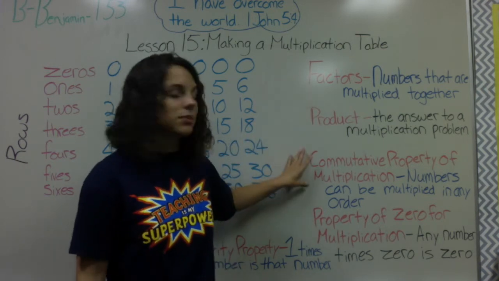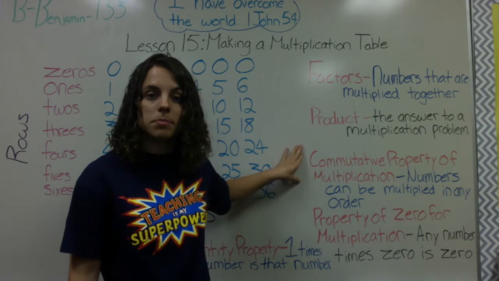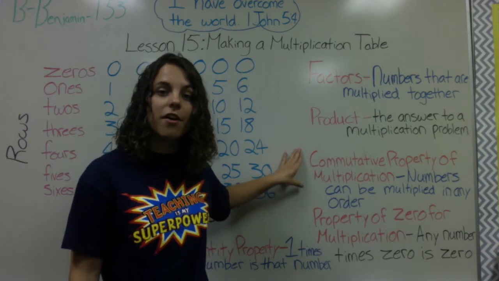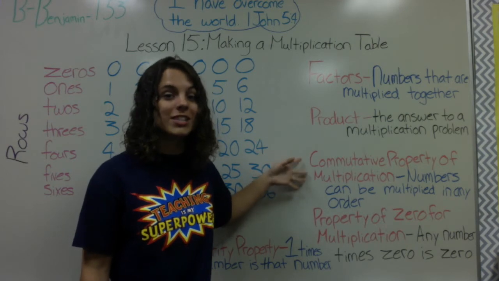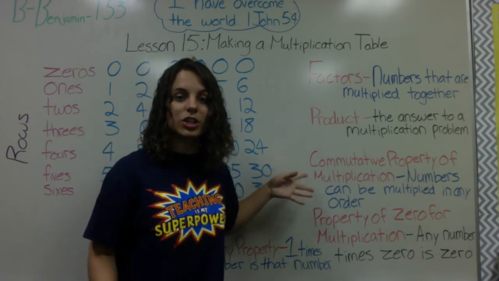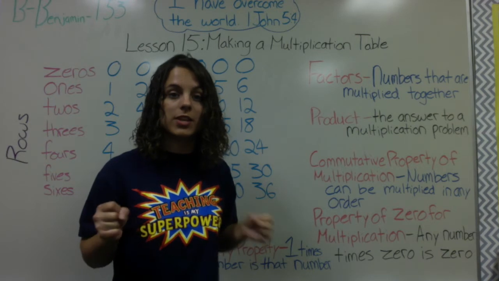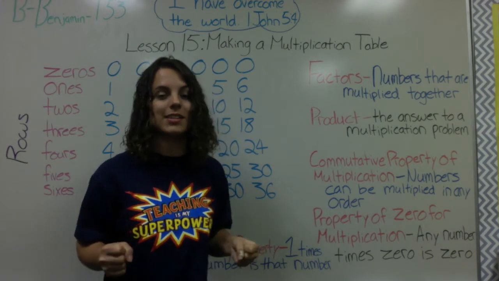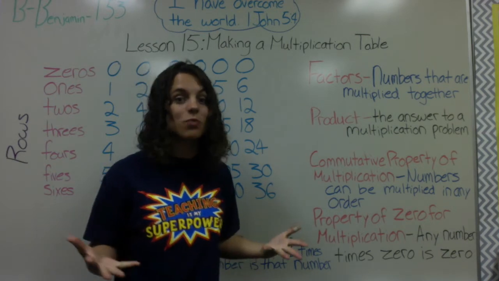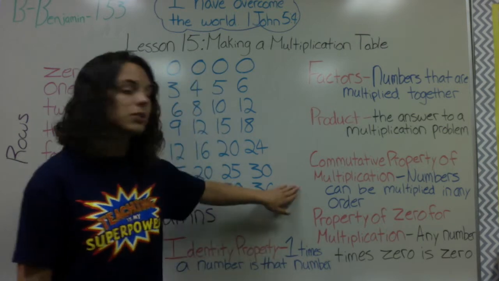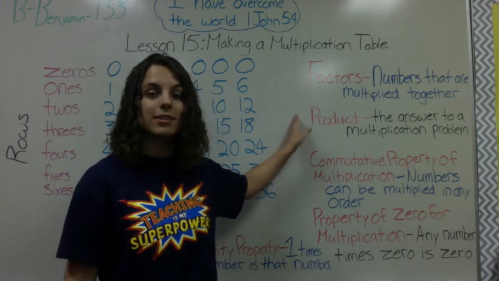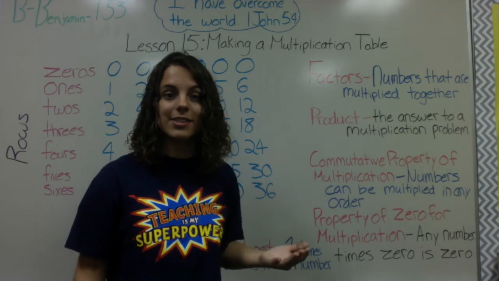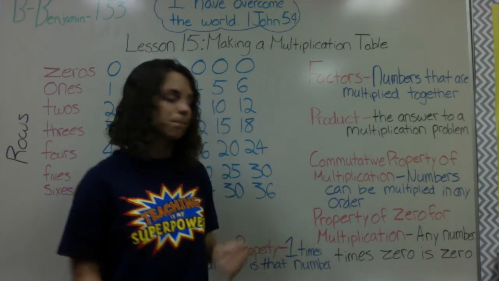Now we also have some different properties, and we actually learned about the commutative property of addition already. So the commutative property of multiplication is very similar. With addition, it said that we could add numbers in any order and still get the same answer. Guess what? For multiplication, we can do the exact same thing. We can multiply numbers in any order. We will always get the same product. 3 times 5 is the same thing as 5 times 3.